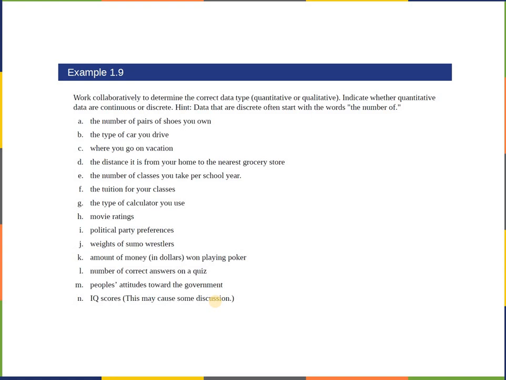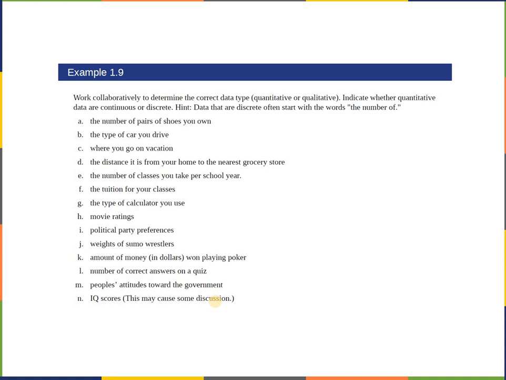Example 1.9. This is an activity that you can do in your groups. And since we're not in the classroom right now, I'm going to do this activity here with you. Please take notes. We are given some data, and we need to determine whether the data is quantitative or qualitative, and whether it is continuous or discrete.